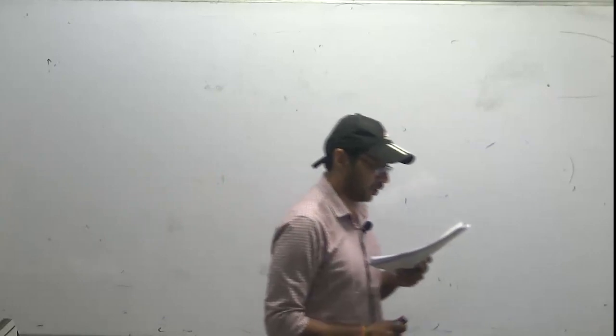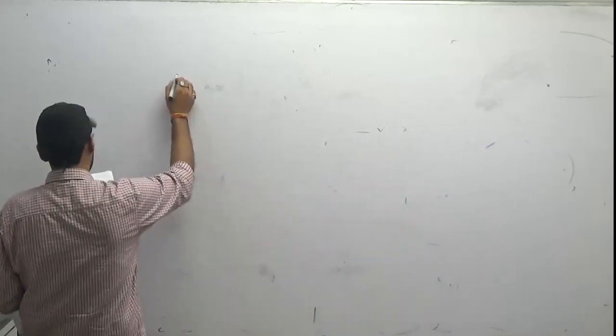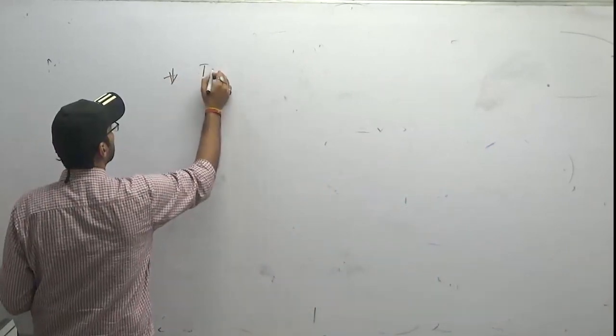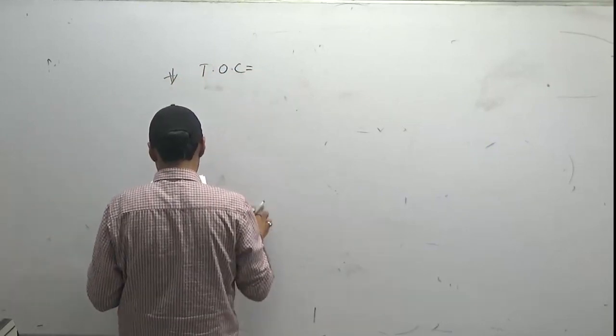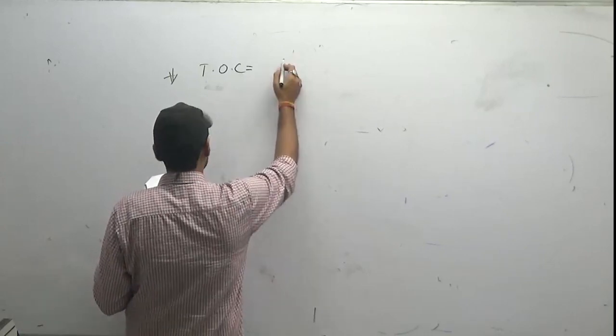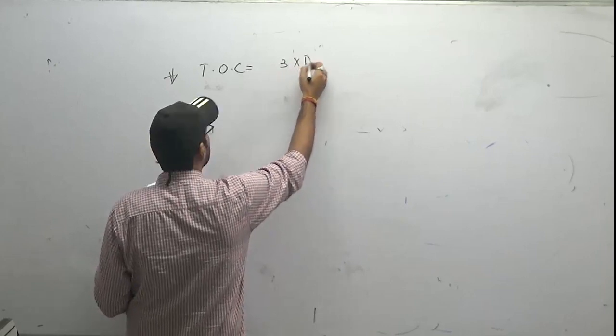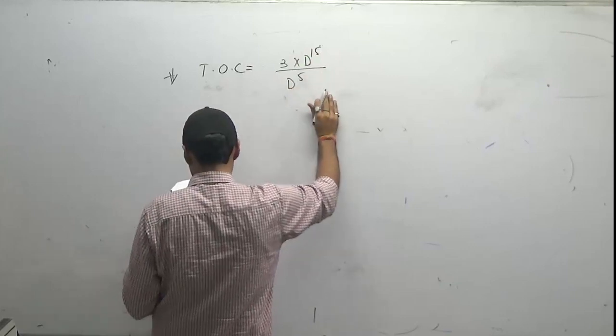Now they are saying 10% of the total capital cost, and capital cost is given to you, that is 3 into D power 1.5. Now they are saying annual operating cost of a pipeline is given as, so I am writing now this thing, total operating cost is given as 3 into 10 raised to the power 15 divided by D power 5, right?